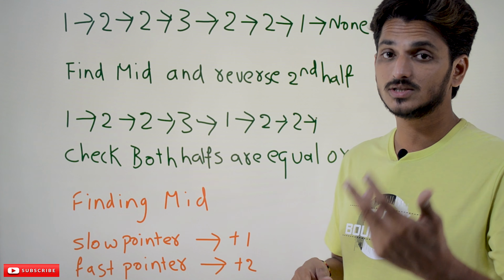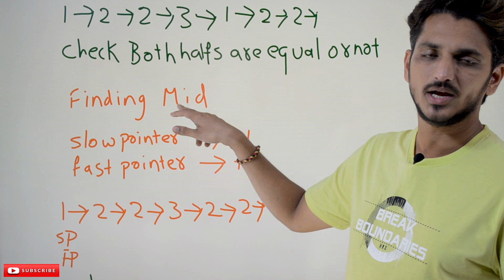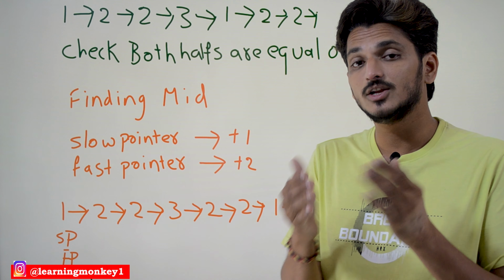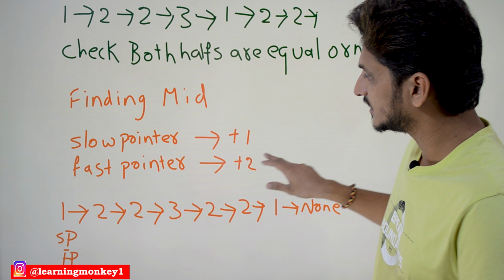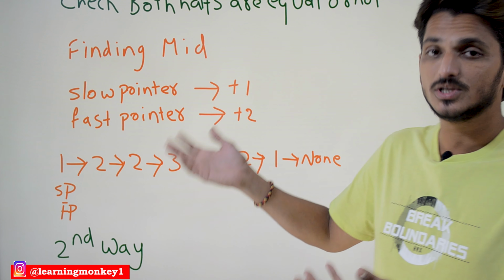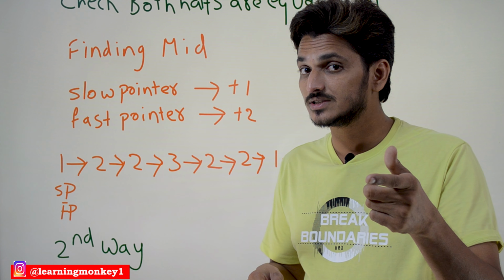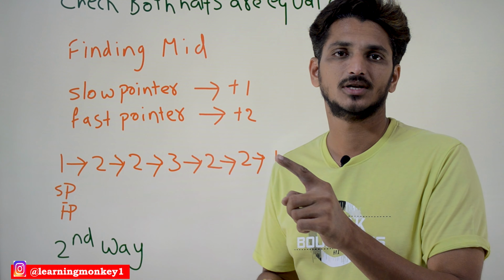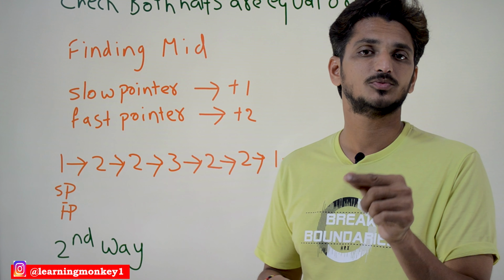This is the first logic, and we are going to discuss one more thing, finding the midpoint. We are going to use a new logic here in order to find the mid value. Let's understand it. This helps in many examples. In previous examples, when we discussed finding a loop in the linked list, we used a concept called slow pointer and fast pointer.